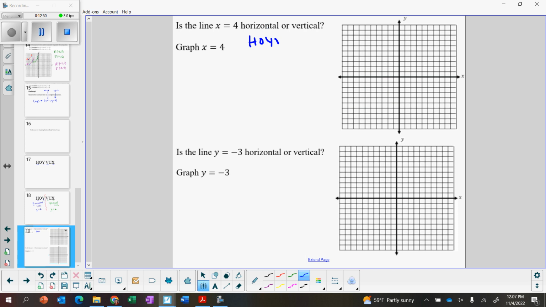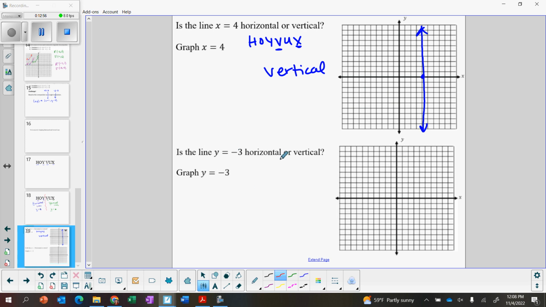So in HOYVUX, X belongs to V for vertical. So when I want to graph the line x equals 4, I would move over to 4 on the x-axis, because that's where x is 4, but then I'm going to draw a vertical line. And that would be the line x equals 4.